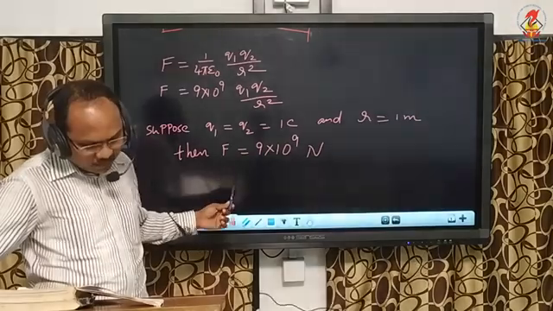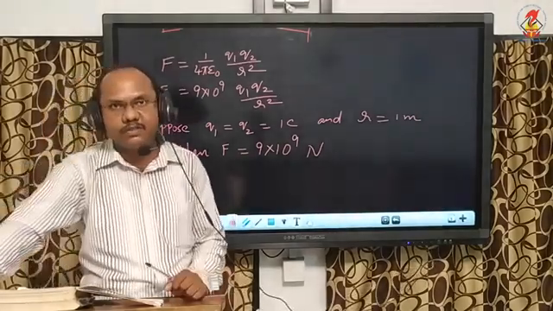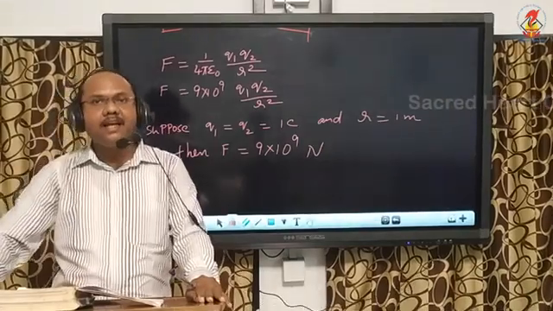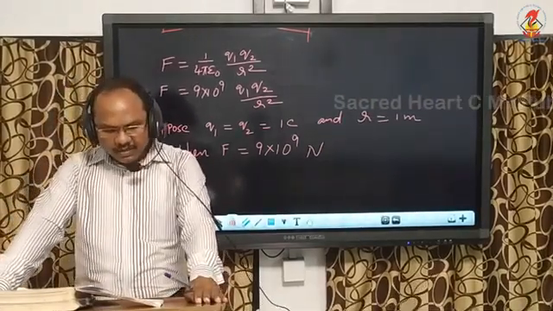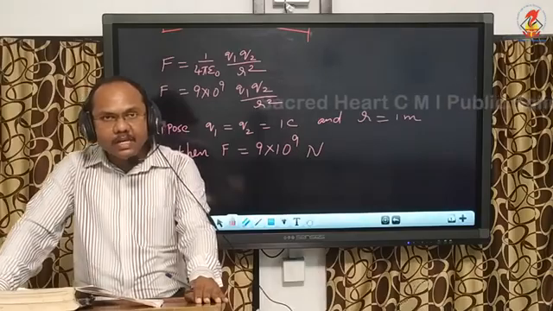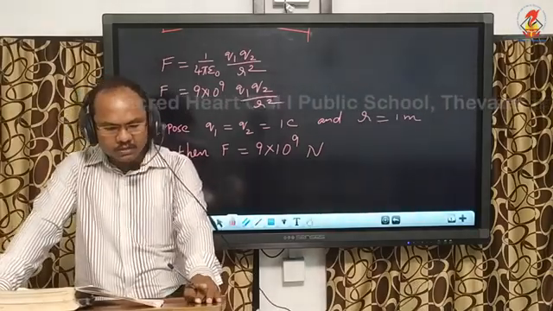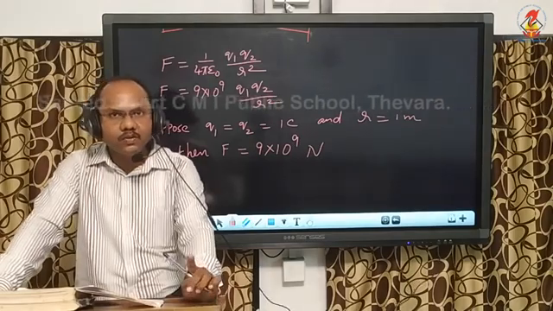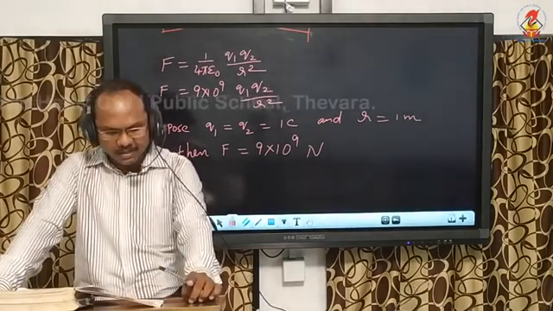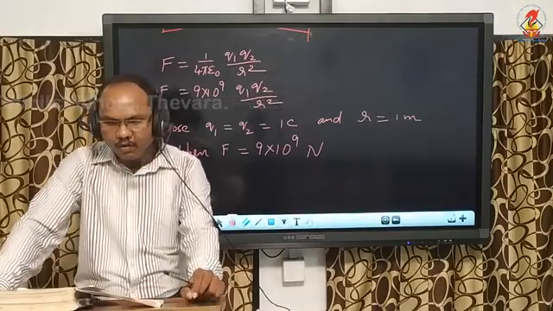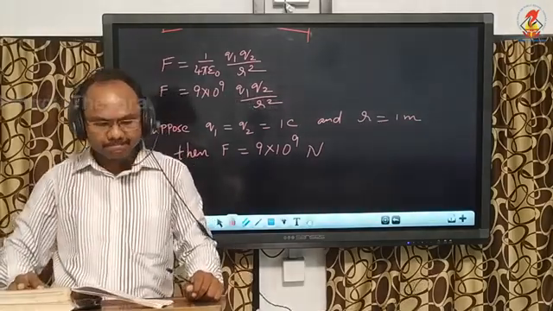From this expression, we can define 1 Coulomb of charge. 1 Coulomb is that amount of charge that repels an equal and similar charge with a force of 9 into 10 raised to 9 Newton when placed in vacuum at a distance of 1 meter from it.